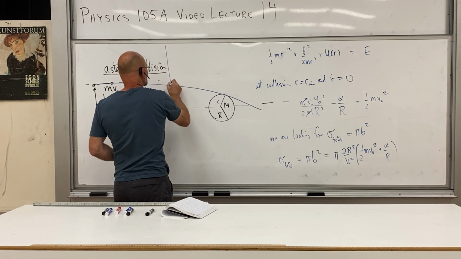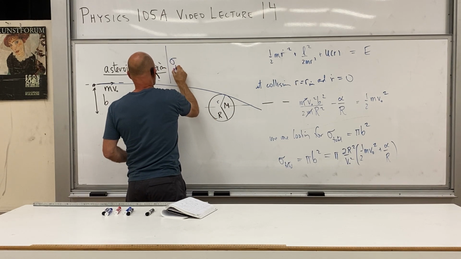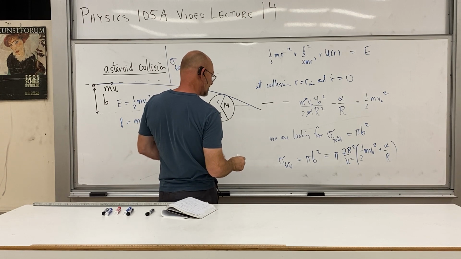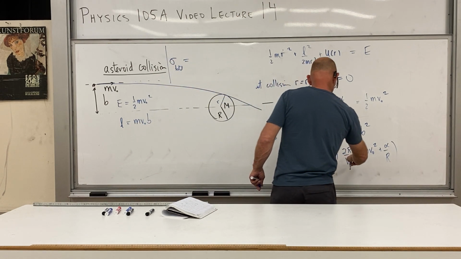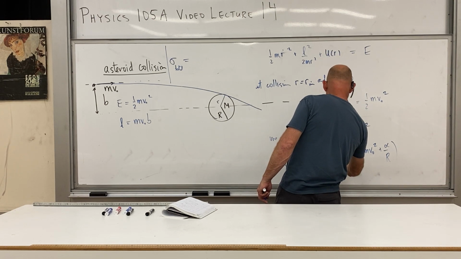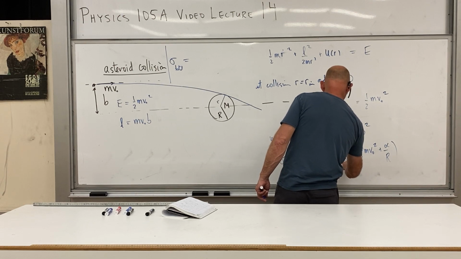Okay, I'm going to use this piece of board. So what do we have here? Sigma total equals, didn't I have an m here? I had an m, 2R squared over m v naught squared.